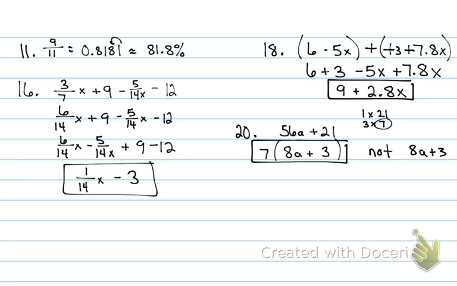I saw a lot of 8a plus 3 on your review sections, and you were forgetting the 7 with the parentheses, because you need to be able to put this back together, go backwards. So this is not the right answer if that's a choice. Yes, that's what you factored and left over, but that's not the full answer.